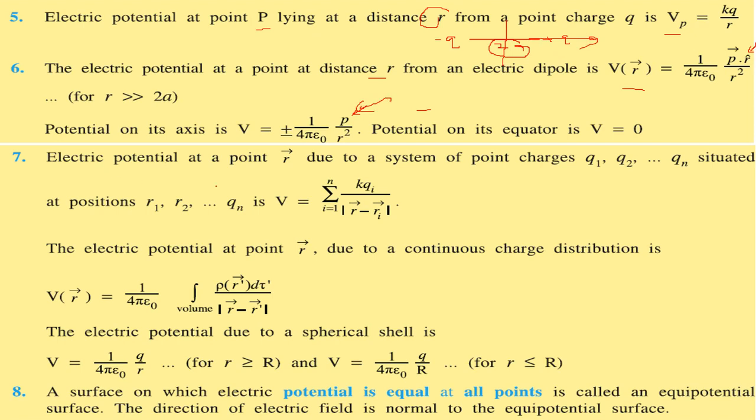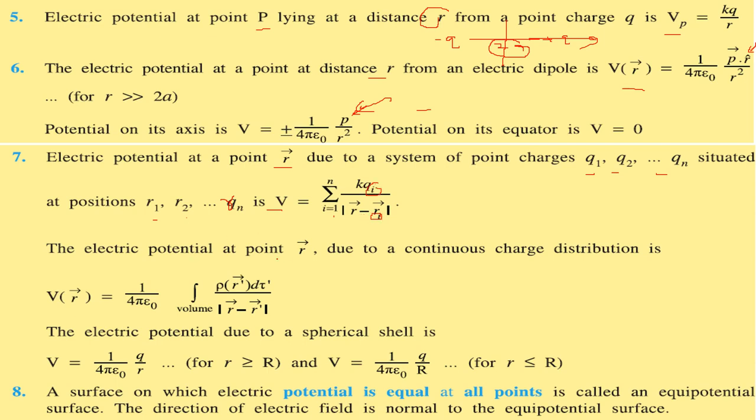The electric potential at point r due to a system of point charges q1, q2, up to qn, situated at r1, r2, up to rn, is V equal to the summation over i of k qi by the magnitude of r minus ri, where i varies from 1 to n.